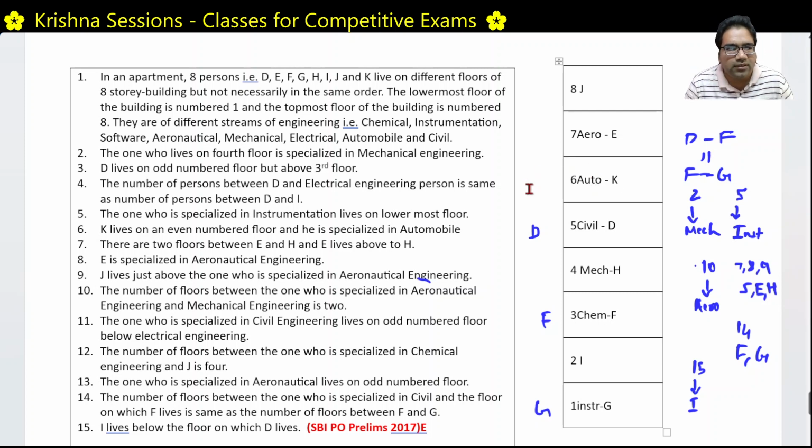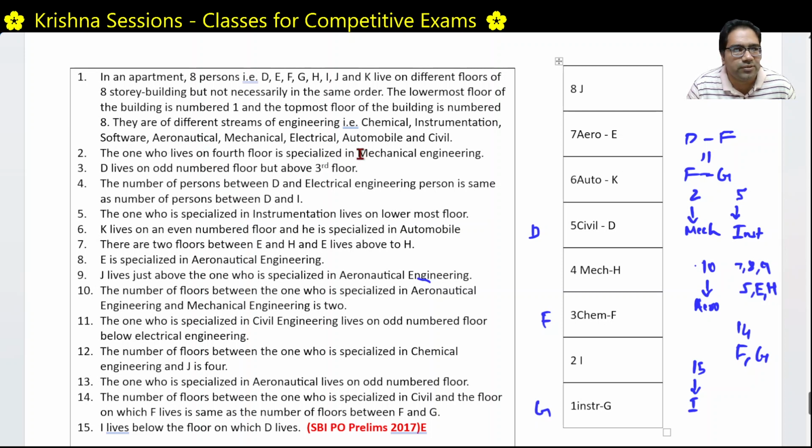Right. Then there's only one more left, which is between I and J. What exactly is this? Here somewhere it is written. Let's look at these conditions again.